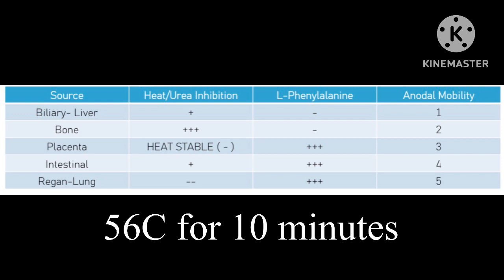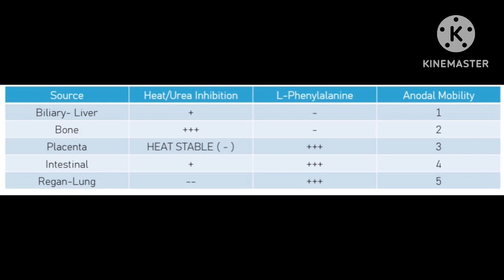If the residual activity after heating is less than 20% of the total activity before heating, then the ALP elevation is assumed to be a result of bone phosphatase. If greater than 20% of the activity remains, the elevation is probably a result of liver phosphatase.